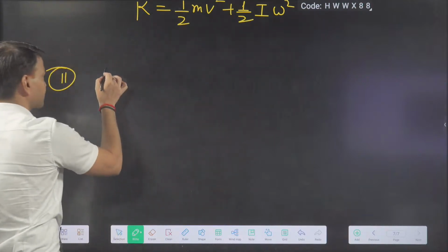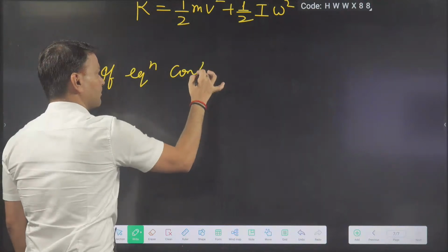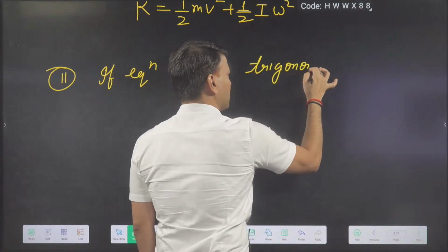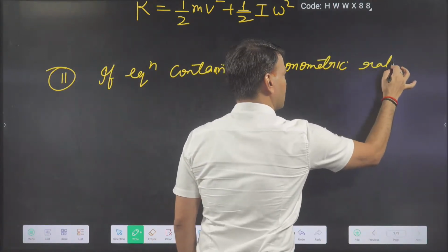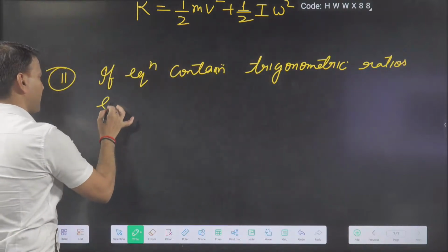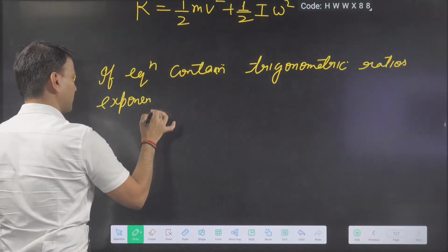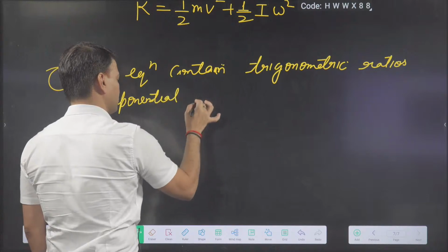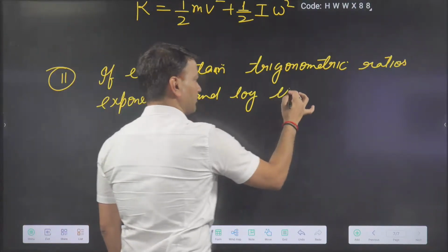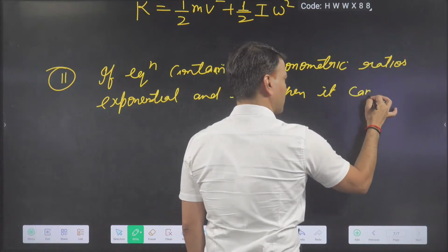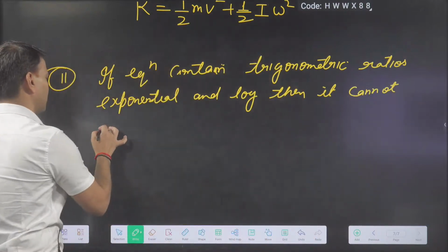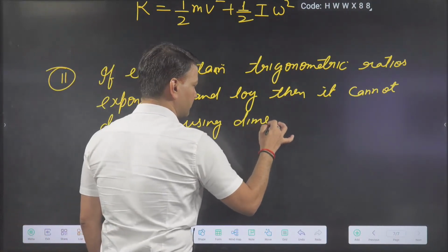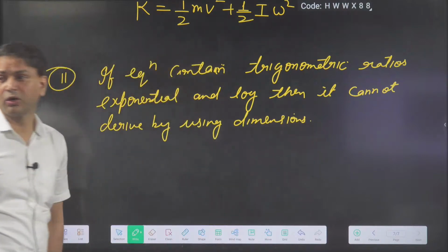So what we can say? If equation contains exponential, trigonometric or log functions, we cannot derive it by using dimension. Everybody got?